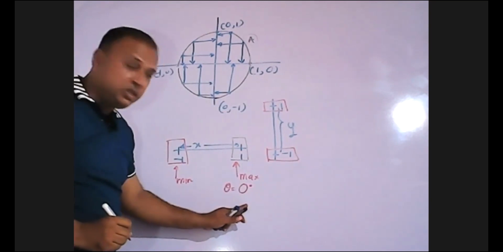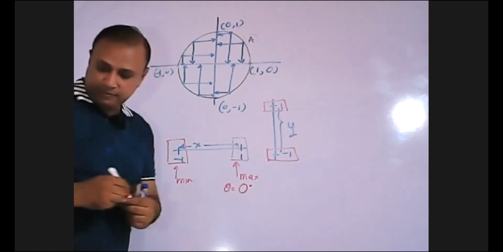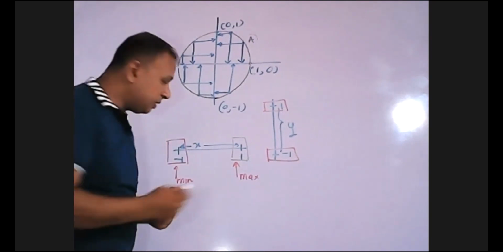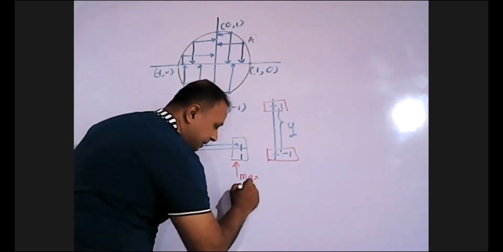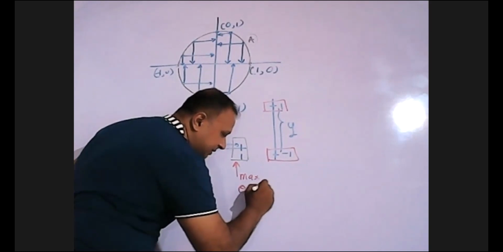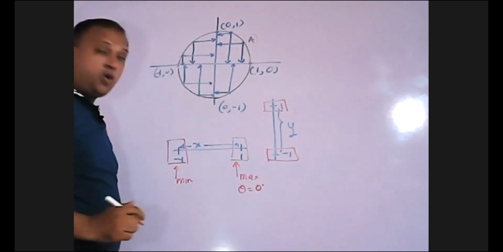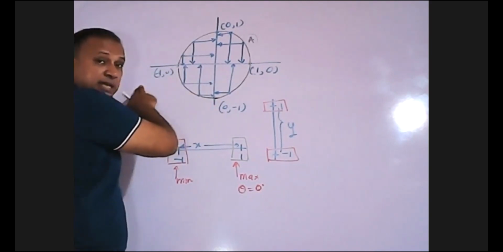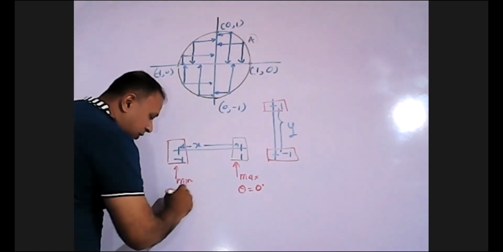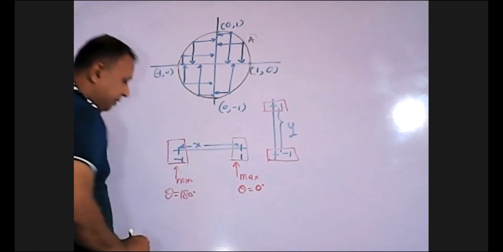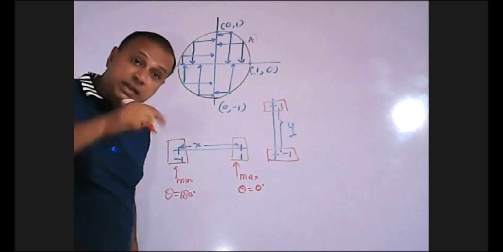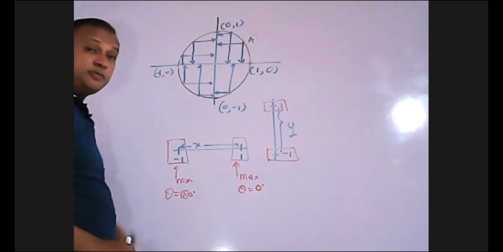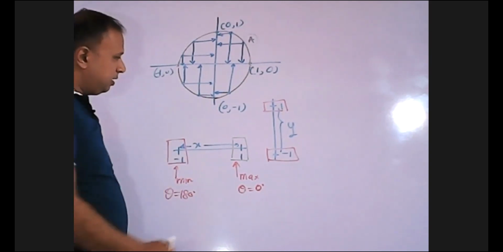When theta is equal to this point, which is minus 1, that means when theta is 180, there will be the minimum cos value. That is minus 1. Look at this.